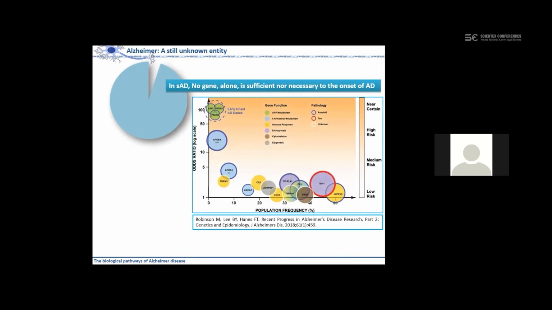So we have thought to combine what we know. And so we have crossed the significant genes obtained from the literature with the amyloid and tau pathway genes.